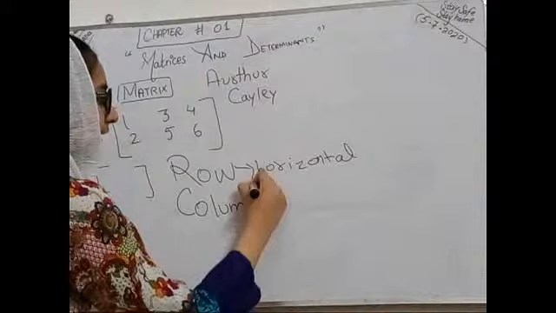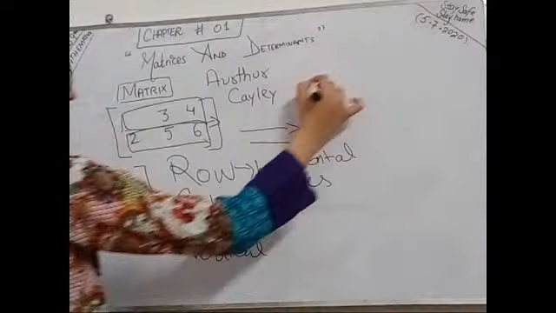So what do we mean by the entries present in a horizontal way? इसका मतलब ये है horizontal way is like this, going like this. It is horizontal. So these are the horizontal entries. And what is the meaning of column? Take another matrix.